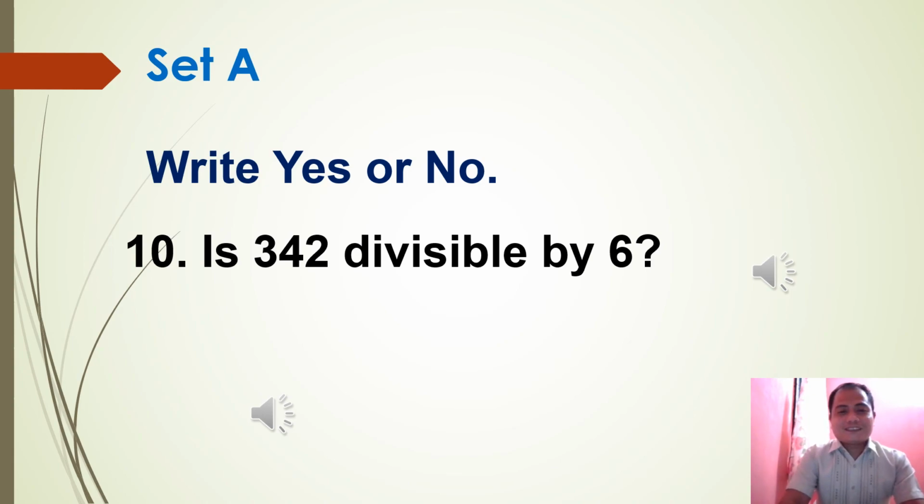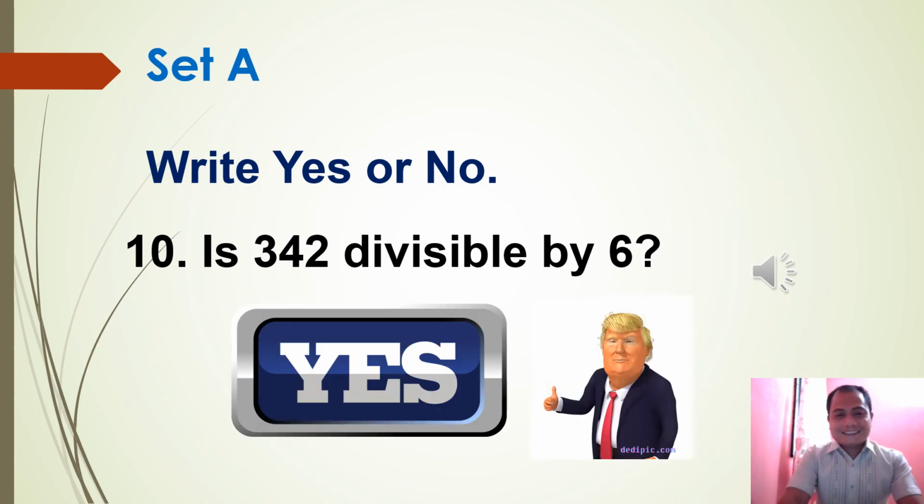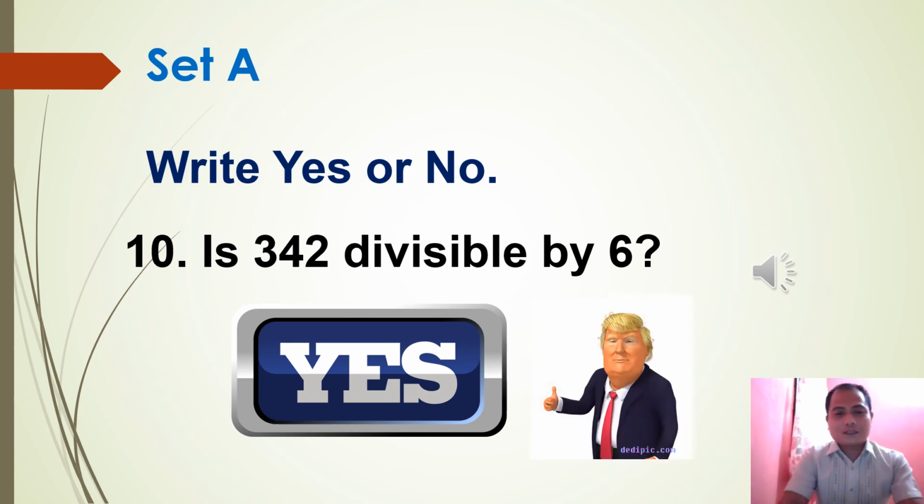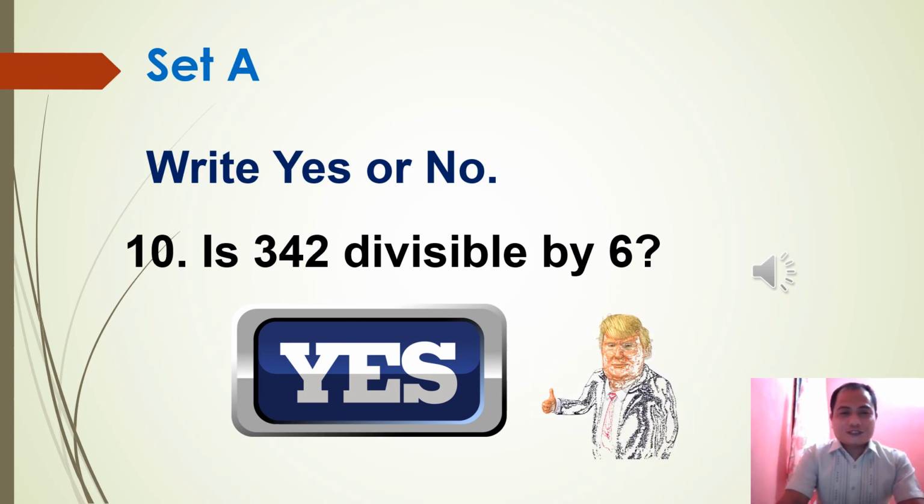Okay, what do you think? Yes, because 342 ends with an even number, and 3 plus 4 plus 2 is 9, which is divisible by 3. Therefore, it is also divisible by 6. Did you get it all? Very good.